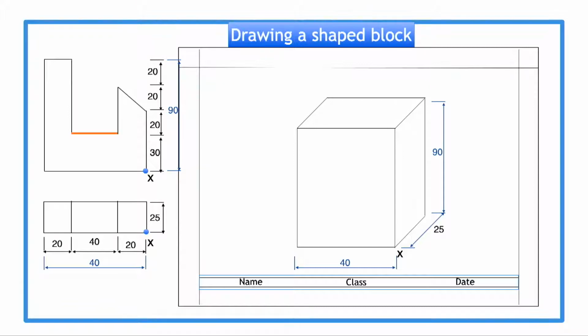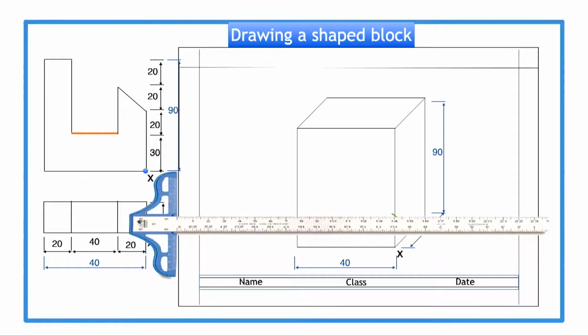If we start at this given line, which is at the height of 30 millimeters, we place a mark at the required height on the crate with our compasses, and a horizontal construction line is drawn through.